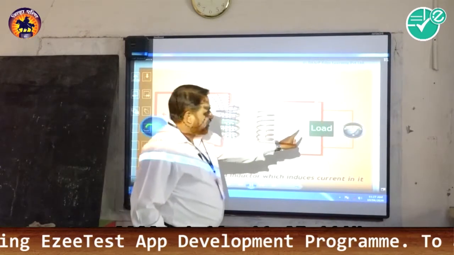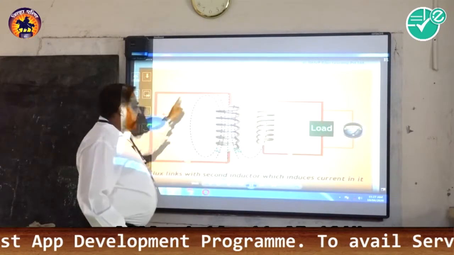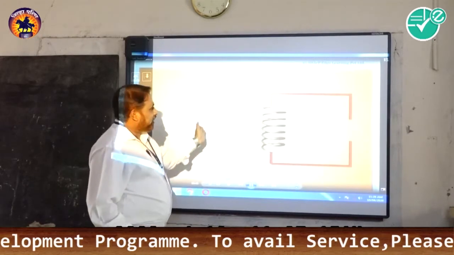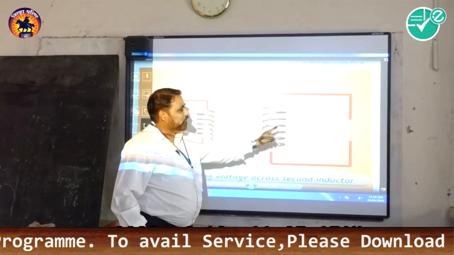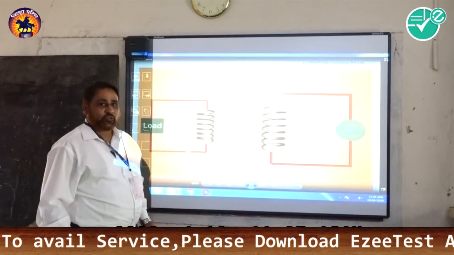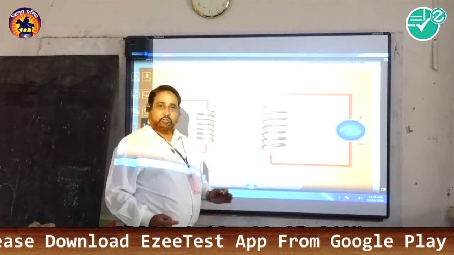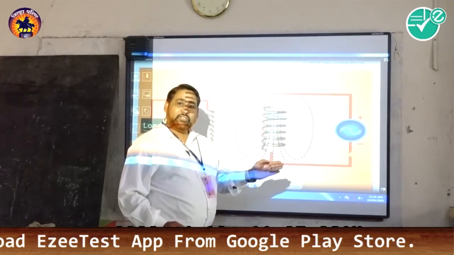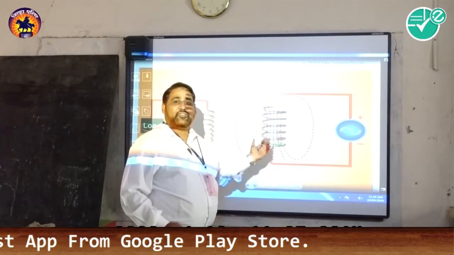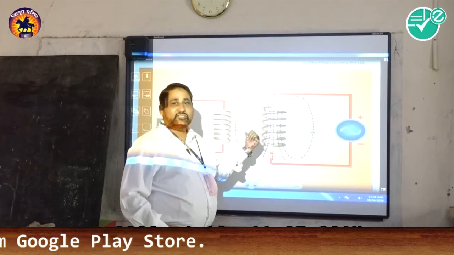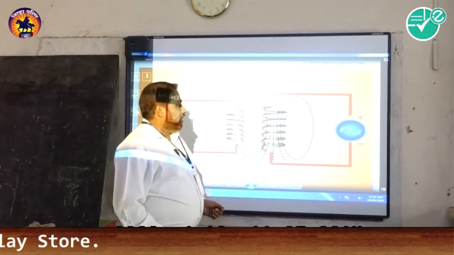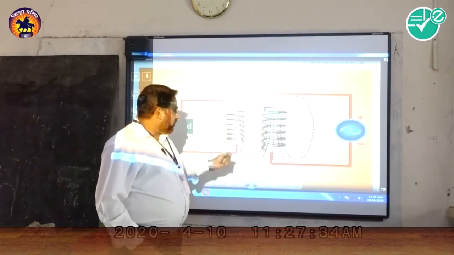The galvanometer shows deflection, because when current passes through the first coil, the induced EMF is produced in the neighboring coil, and that particular thing is called mutual induction. Hence, we can conclude that the phenomenon of production of induced EMF in the neighboring coil due to the change in flux in the first coil is called mutual induction. The formula I will show you later on.